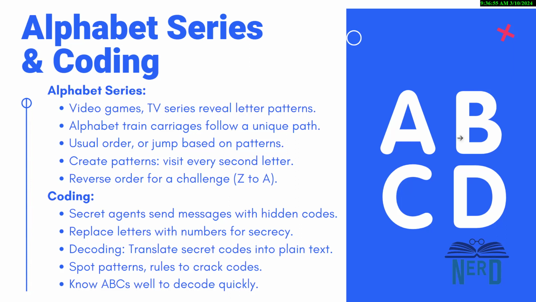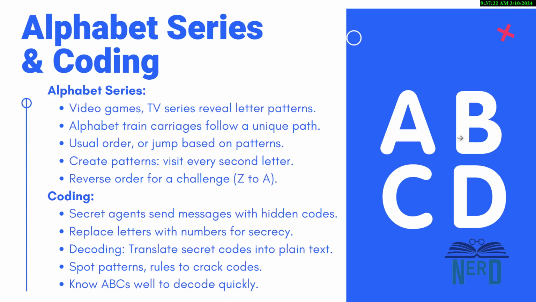So even if someone else sees the message, it's gibberish to them. Now let's say you're on the receiving end. You get this coded message, and because you're in on the secret, you can figure out what it actually says. This process of figuring out the secret message is called decoding, and it's like translating it back into regular language so you can understand.